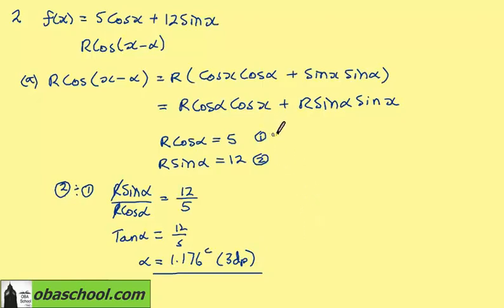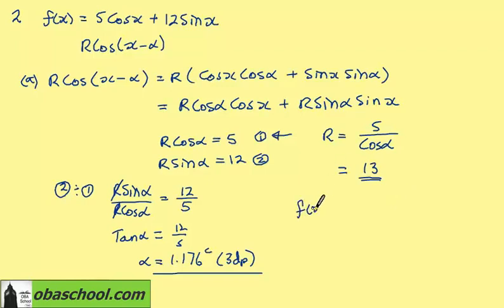If we then want the value of r, we can come back to here and say that r is equal to 5 divided by cos alpha. Make sure if you do this, you use the whole value of alpha on your calculator display, not the rounded number. If you do this calculation, you should find that r is equal to 13.